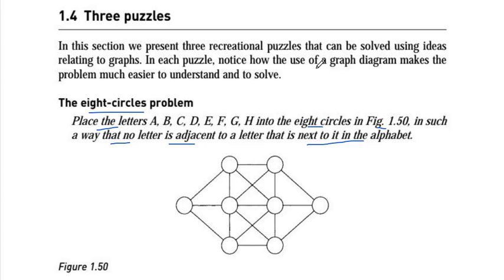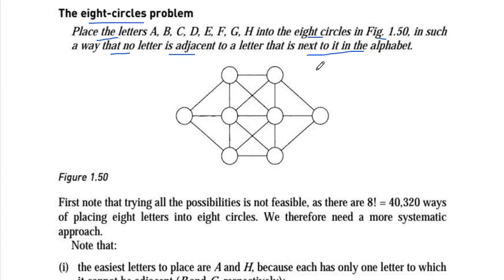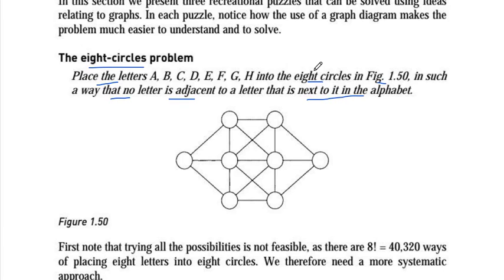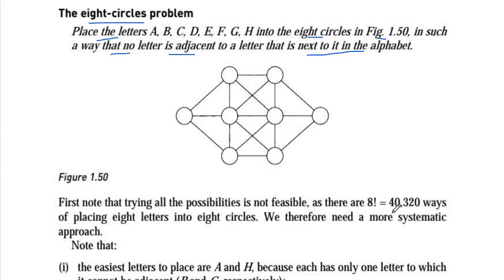First of all, there are 40,320 possibilities for putting the letters in the boxes. But our condition is that no letter is adjacent to the letter next to it in the alphabet. The simplest letters should be A and H. Why?